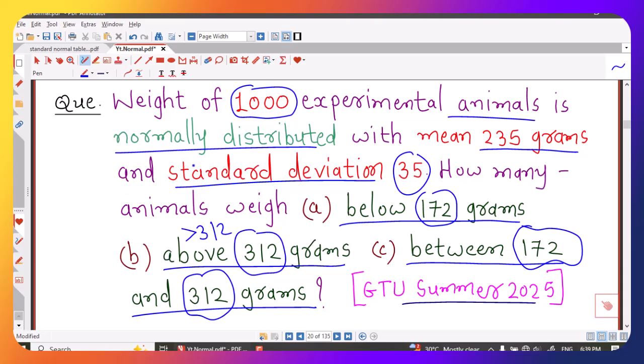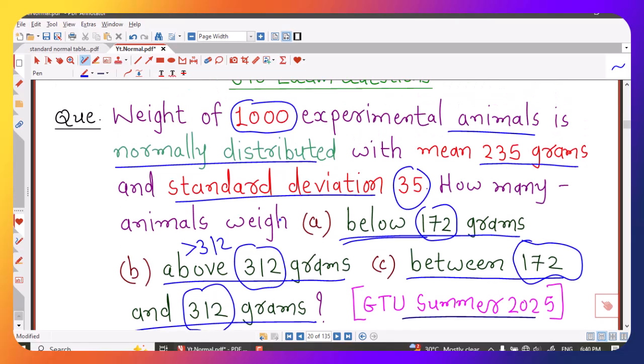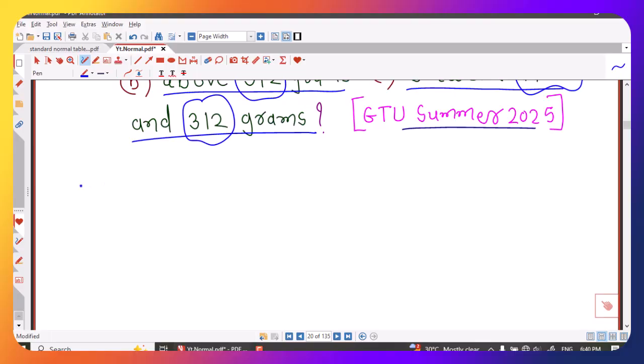So first we will calculate the probabilities related to these three, A, B and C, and we will multiply these probabilities by total number of elements, which is 1000. Before that, here it is already given that weight of animal is normally distributed and mean and standard deviation are given.